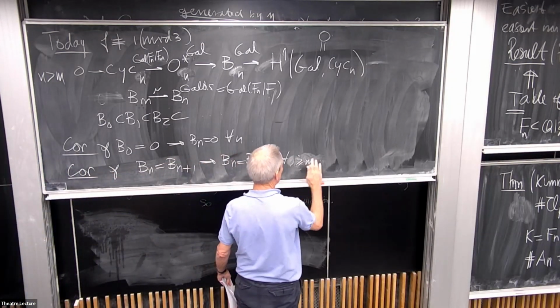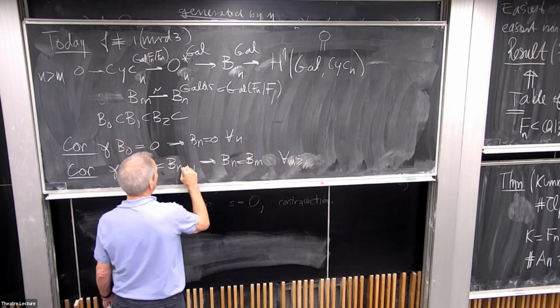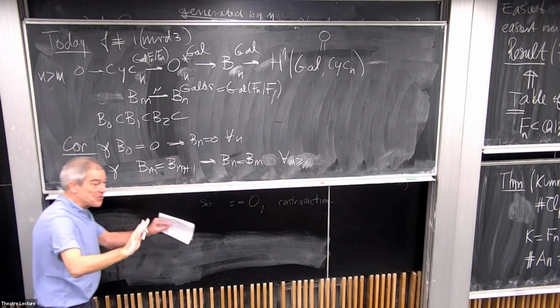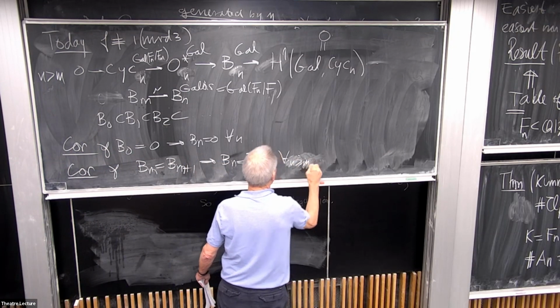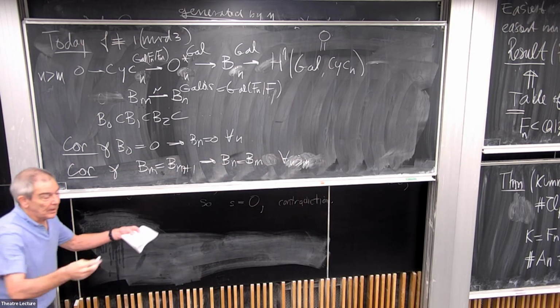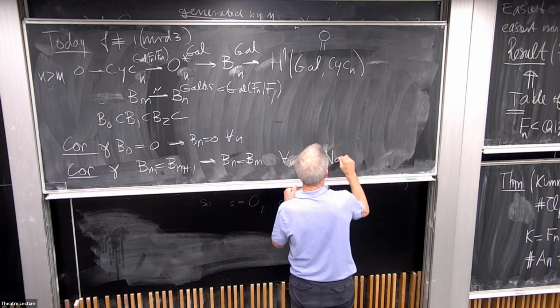Maybe I should say m here, always larger than that. For psychological reasons, I will write it like that. And this is just an easy consequence of Nakayama's lemma. So I maybe don't show it. This is just an exercise in Nakayama's lemma.